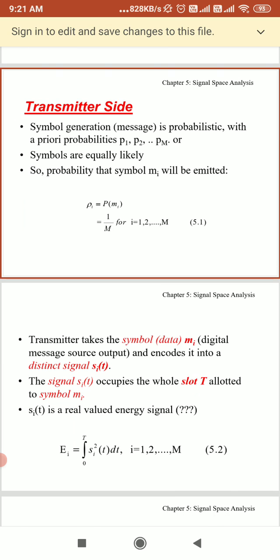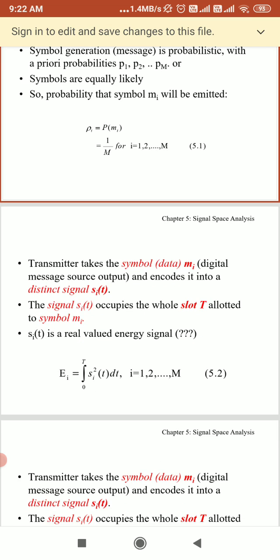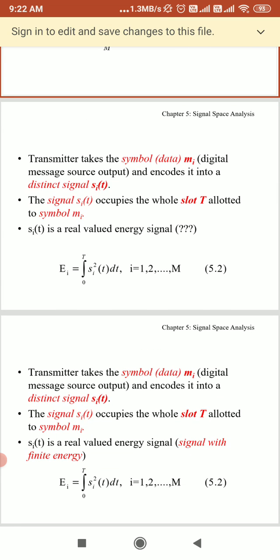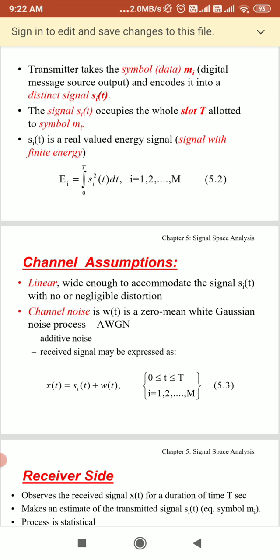Here Si of t is a real-valued energy signal, and we can calculate its energy Ei as the integration from 0 to T of Si squared of t dt, where i is equal to 1 up to M. So the transmitter takes the symbol from Mi and encodes it into a distinct signal.